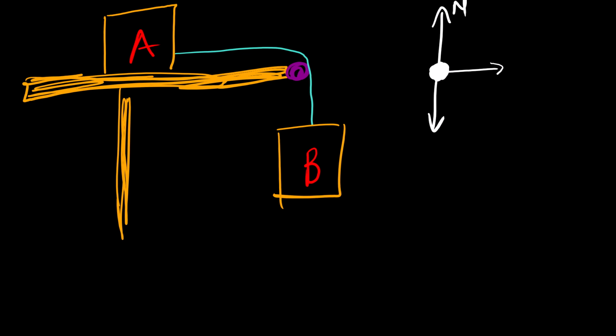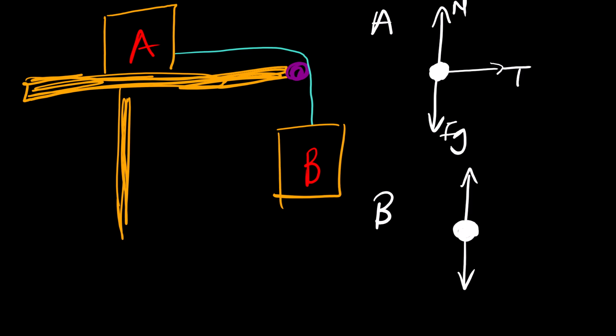So we have normal force, force of gravity, and tension. This is for A, and then for B, we simply have tension and force of gravity.